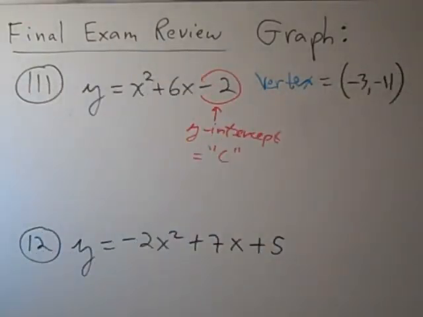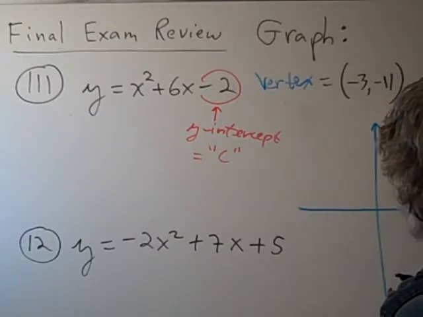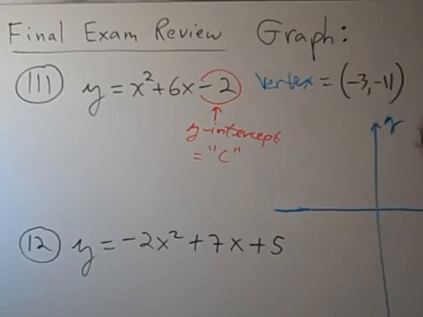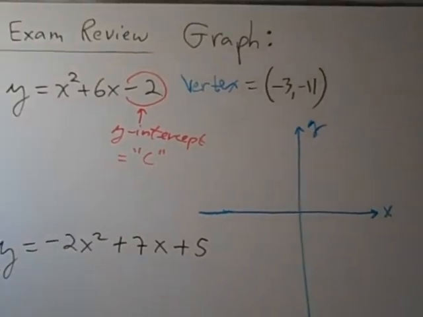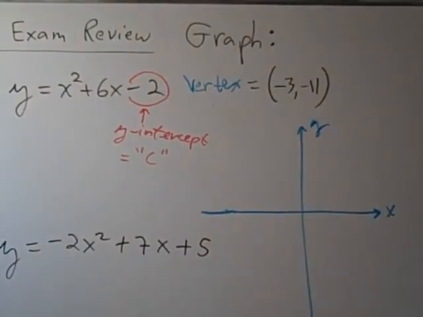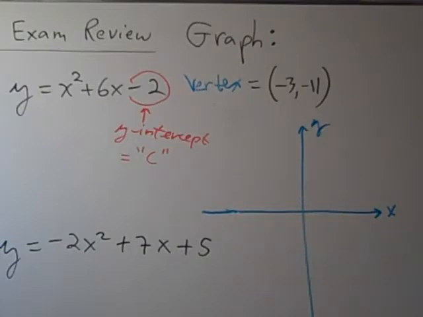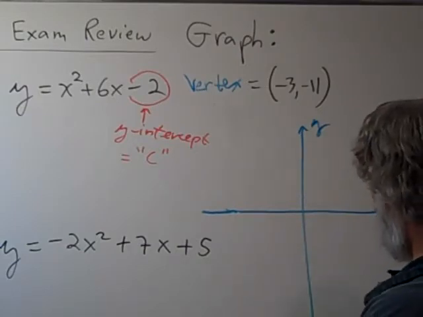So we can graph this parabola now, at least approximately here. The vertex is at negative 3 comma negative 11, so let's go over 3 to the left.